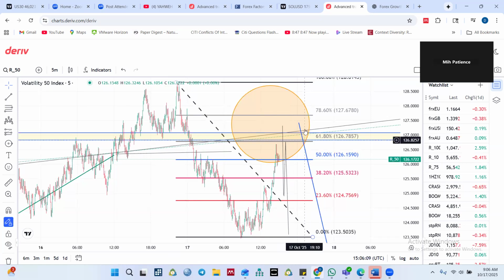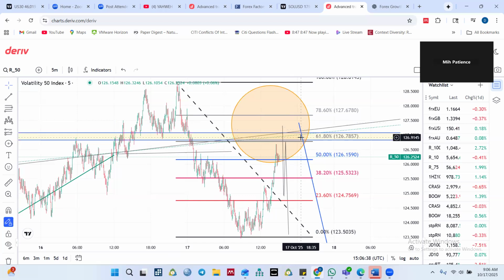Yes, sir. As long as price is above the trend line and the horizontal line, which is the resistance support zone, as long as price is above these two things, it will keep going up. So it must go and fulfill the premium price action, and then come back and stay below the support resistance.